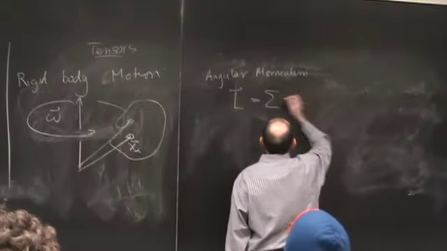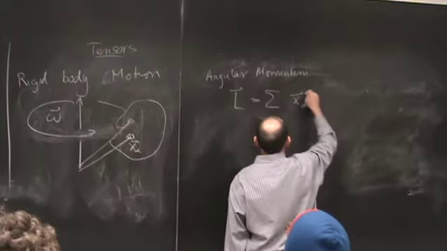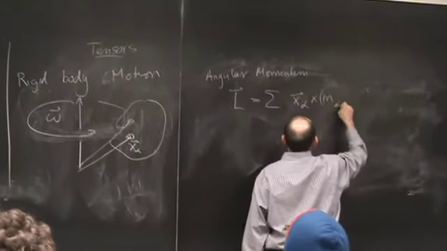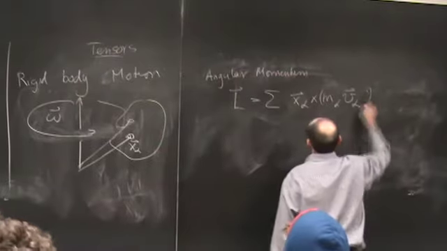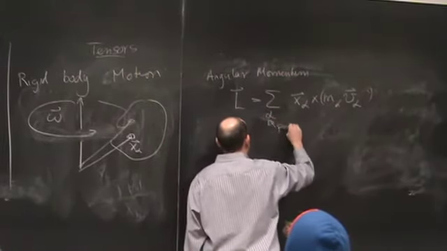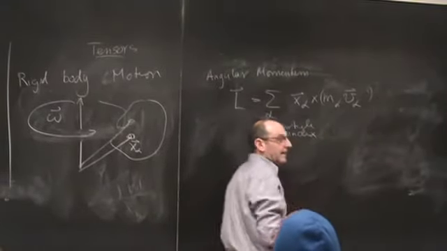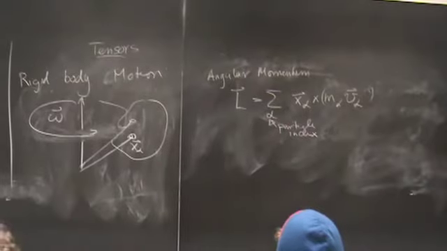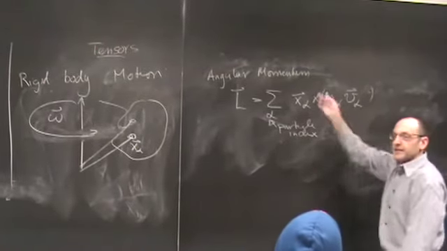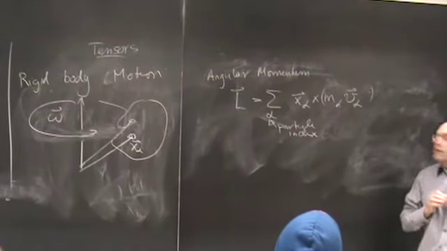So we have r cross p, or position crossed into momentum. So this is not a coordinate, this is a particle index, or point in that rigid body. Right? R cross P is angular momentum, or x cross mv.